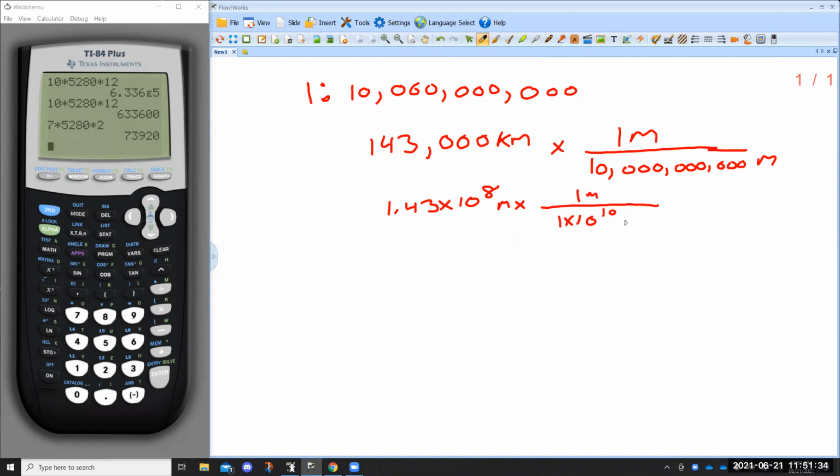These are meters, these are meters. Those are going to cancel out. So this is going to be 1.43 times 10 to the negative second meters.